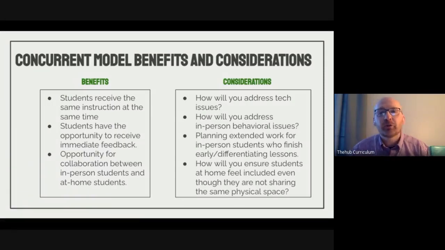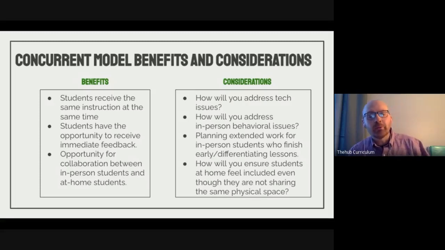I went to a training earlier in the year, and there was a teacher from Texas, and their whole district was using the concurrent model. She said she was really having to consider how you make those at-home students feel a part of the class. She had a buddy system where an at-home student was paired up with at least one in-person student so that they still felt they were all part of one community, one classroom, and that the at-home students didn't feel like they were being left out of some school opportunities.